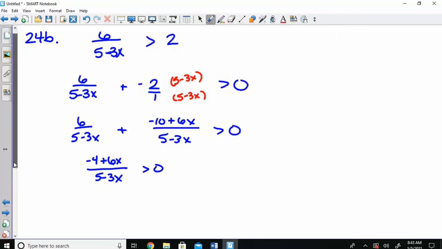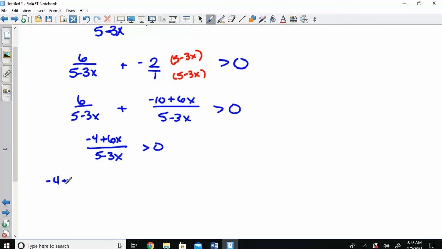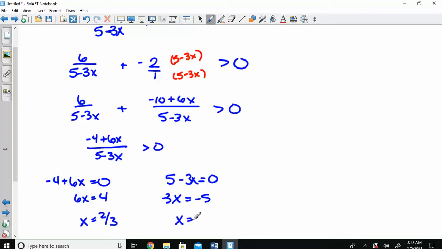So at this point, what we do is set the top and the bottom both equal to 0. We're going to find those numbers. Okay, so this one, if I add my 4 and divide, we get 2/3. And this one we get 5/3.